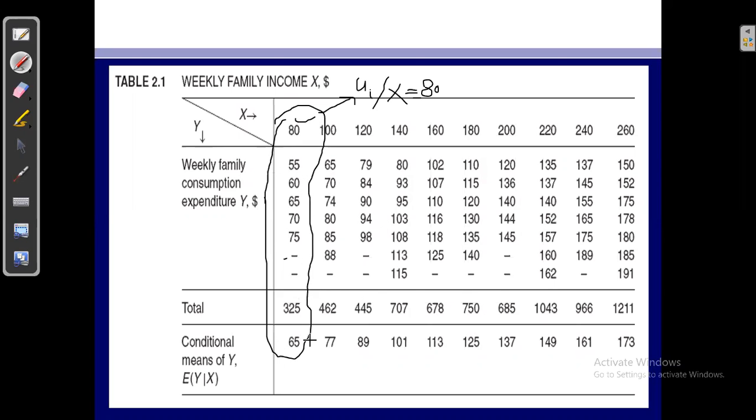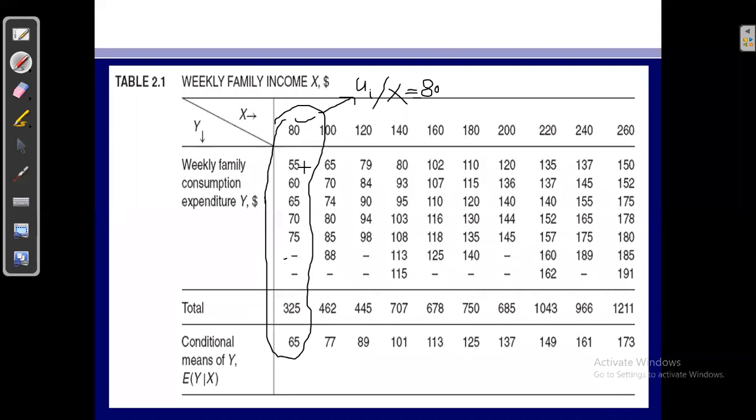It's very simple. By definition, ui is simply the difference between the observed y values corresponding to x equal to 80, which are these 5 numbers: 55, 60, 65, 70, and 75, and the conditional mean corresponding to x equal to 80. The mean of these 5 numbers is 65.